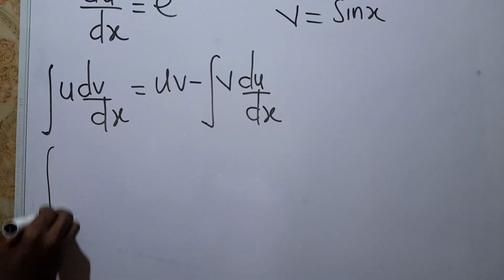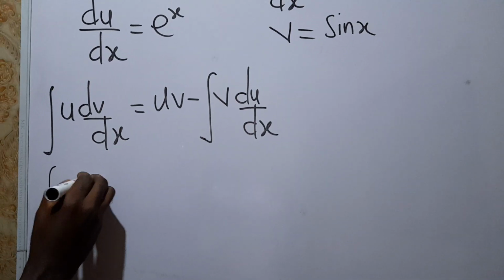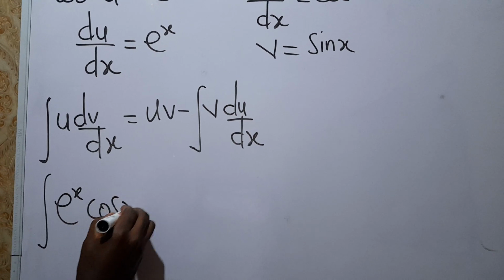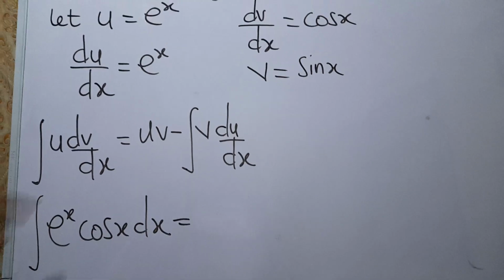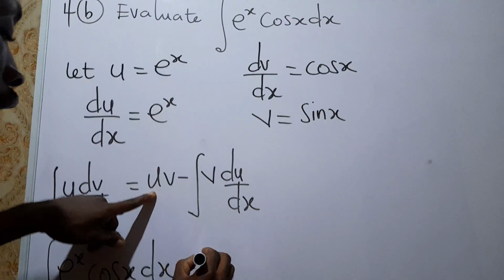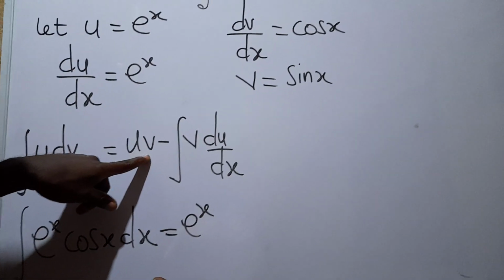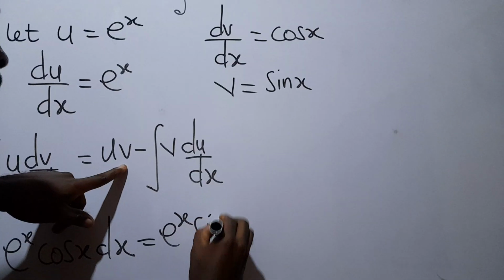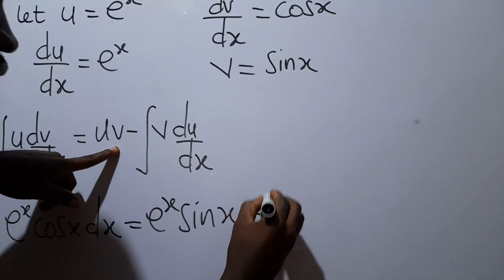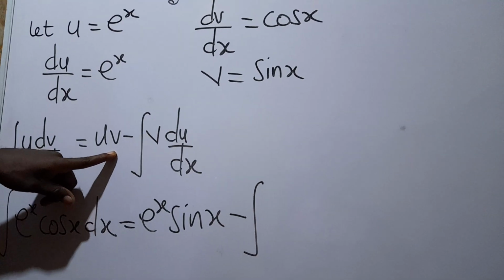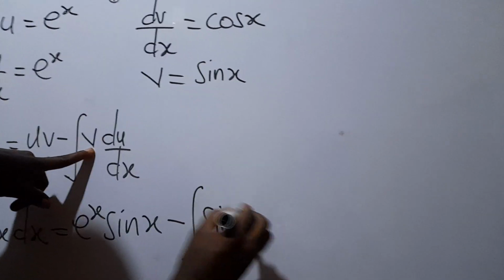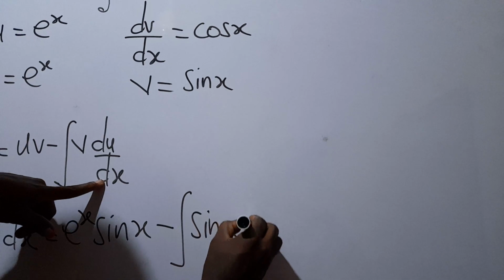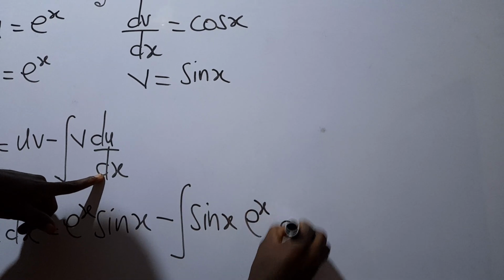So we can say that the integral of e exponent x cos x dx, which is this, will be equal to our u, which is e exponent x, and the v is sin x, minus the integral of v, which is sin x, then du over dx, which is also e exponent x dx.